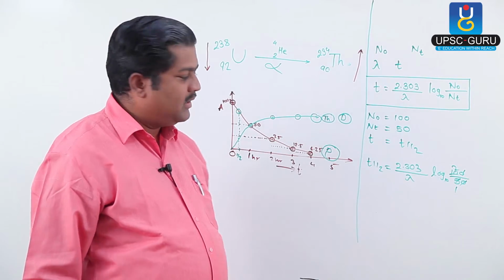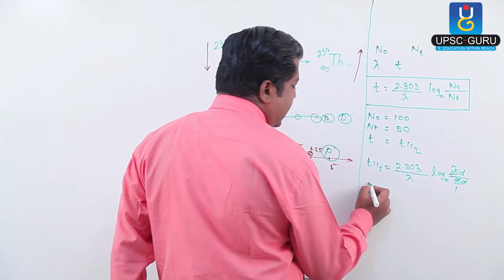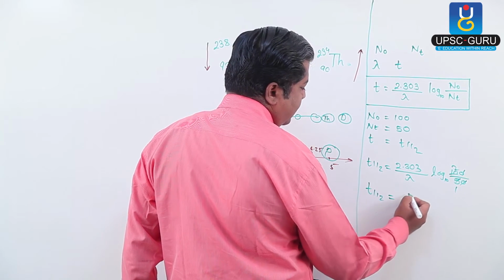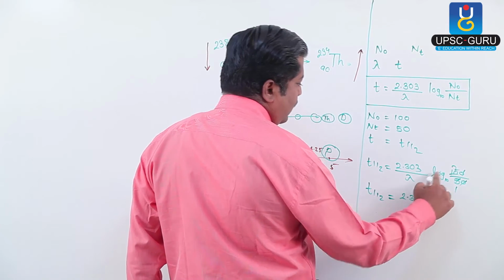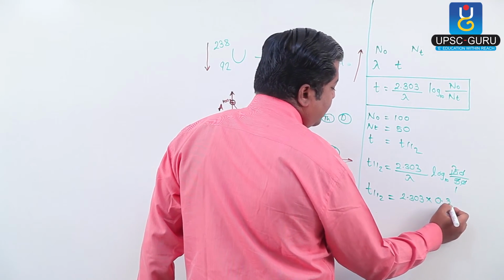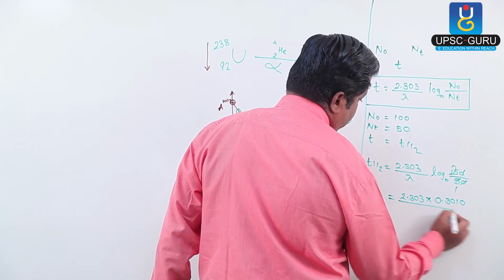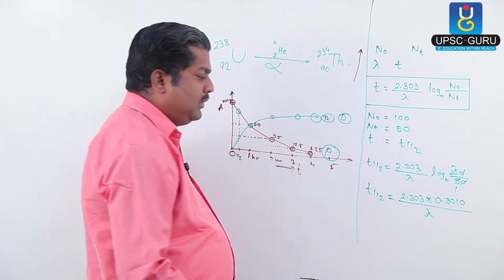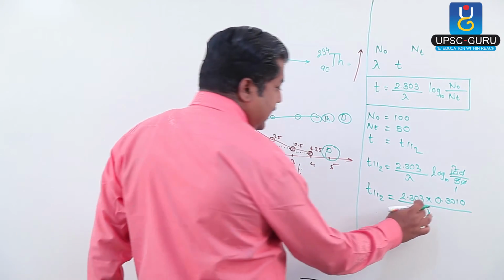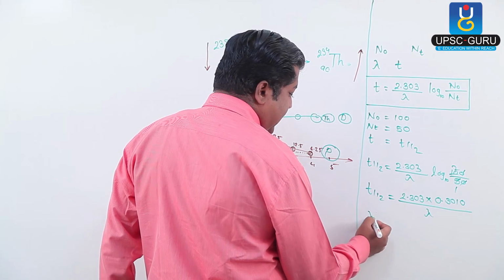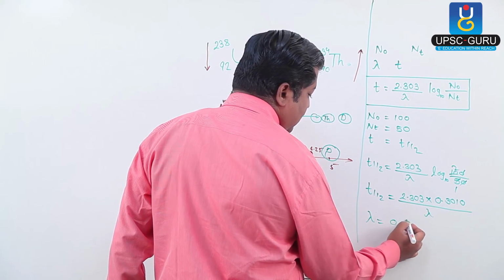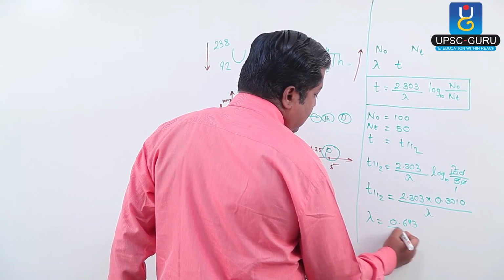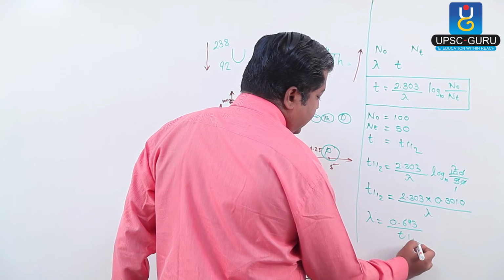Again we are getting the same log of 2, and so we get the formula T half equal to 2.303 into log 2, which has the value 0.3010, check from the log table, upon lambda. So here I can say lambda equal to, this multiplication comes as 0.693 upon T half.